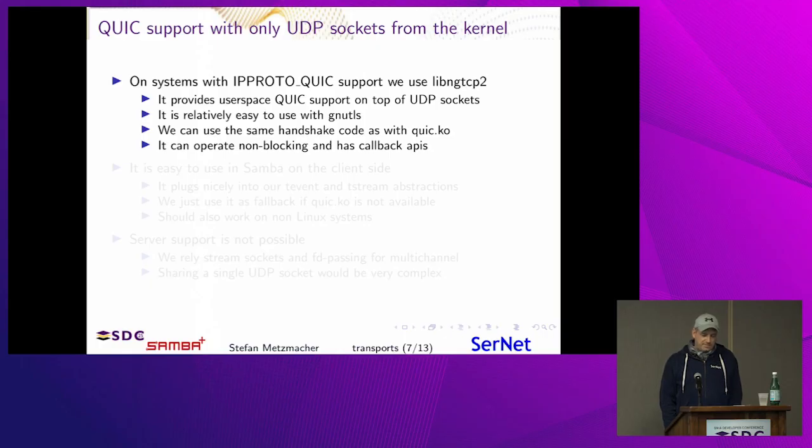So in order to provide QUIC support even without kernel support, one can use some library that implements QUIC in user space on top of UDP sockets, and we try to do that with libngtcp2, which is a QUIC implementation.